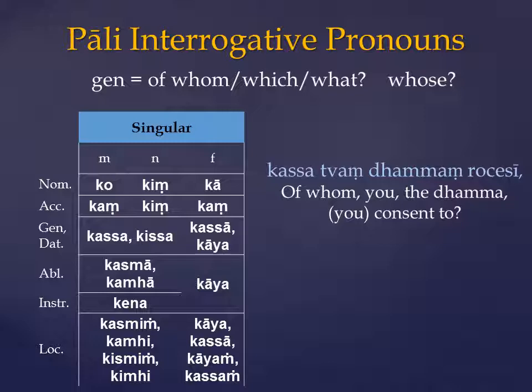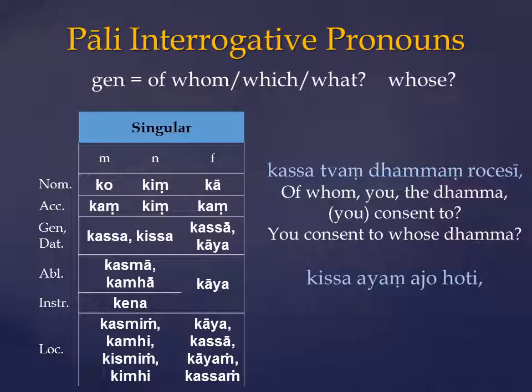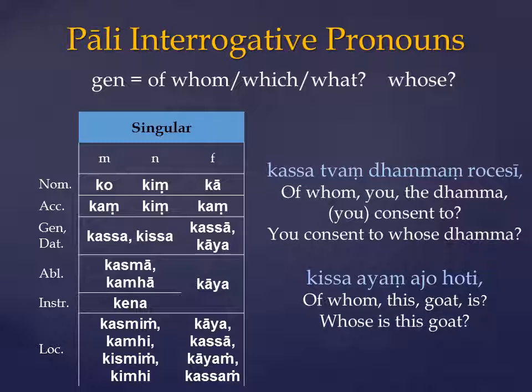The Dharma of whom, or you consent to whose Dharma. Or in another example, kisa eyang ejo huti, of whom this goat is. Eyang and ejo are both in nominative case, and here form a unit, so we can render this whose is this goat, or equally, whose goat is this?